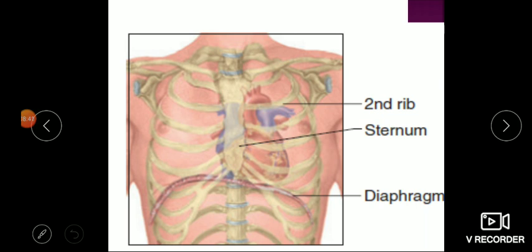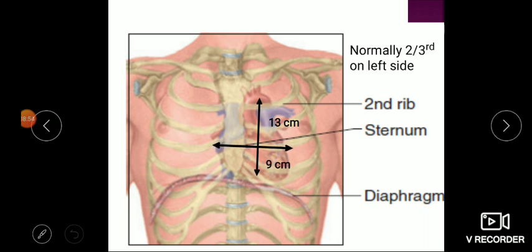Now, as I've told you in the last lecture, physiological variations can show this. This is the vertical heart and the transverse heart. If a person takes a deep expiration, the diaphragm is pushed up like this and the heart will be more flat.